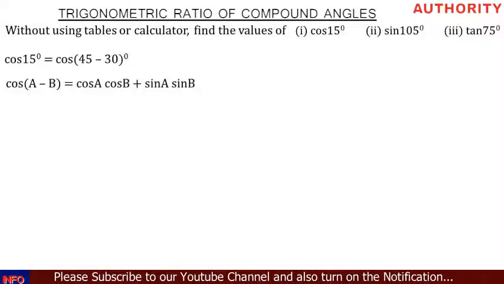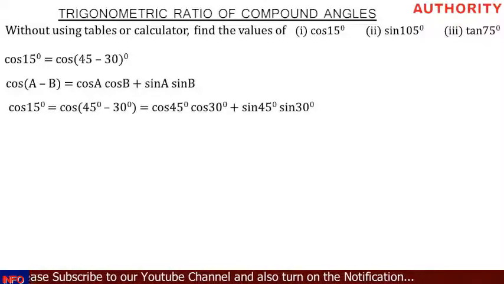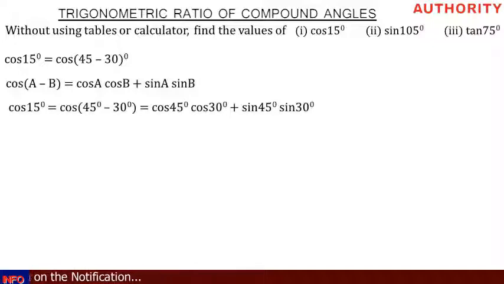So cos 15 degrees is equal to cos of 45 degrees minus 30 degrees, which is equal to cos 45 degrees cos 30 degrees plus sine 45 degrees sine 30 degrees.